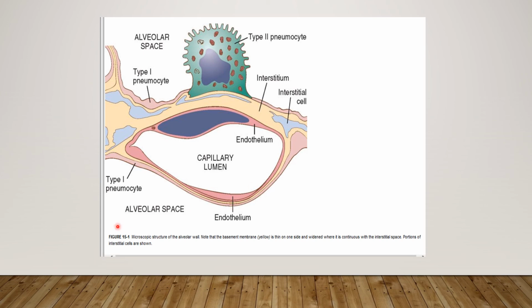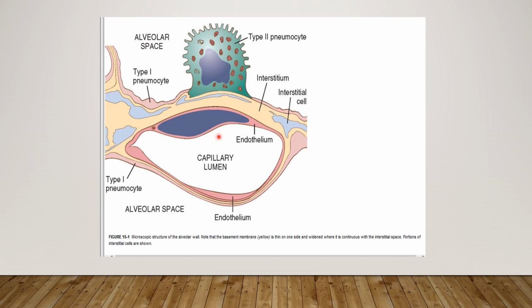So here is the figure. Now see, this is the capillary and this is the alveolar wall. So between two alveoli there is a capillary. Everything is connected and this is the interstitium.